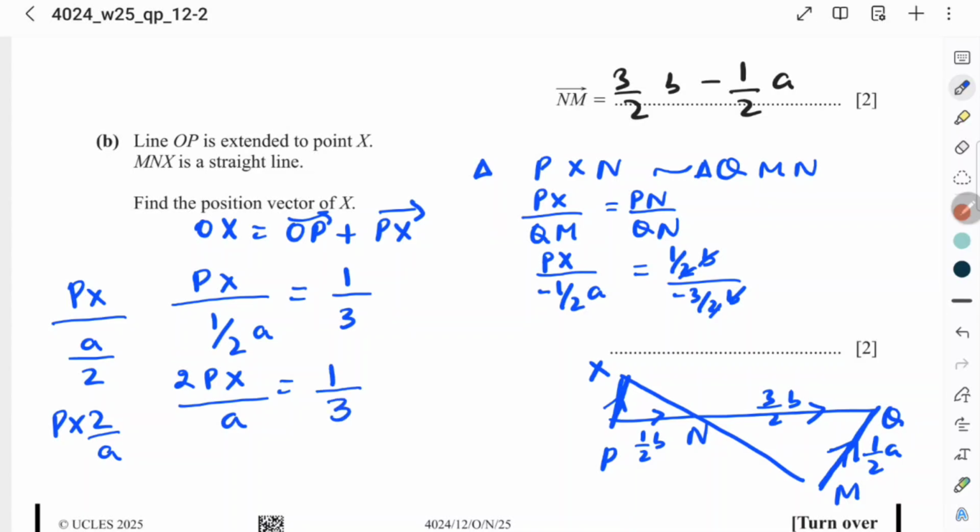So 6PX is equal to A, and PX is equal to A over 6, or 1 over 6 A.